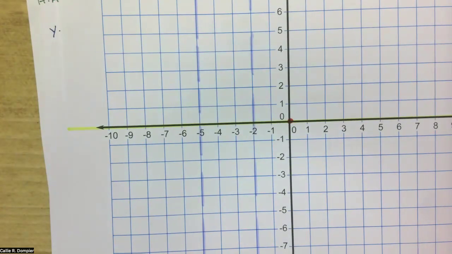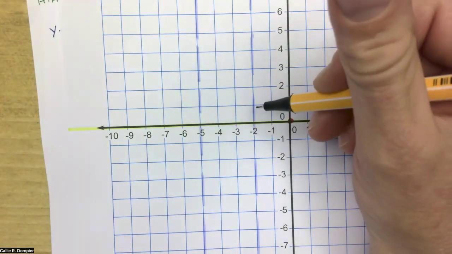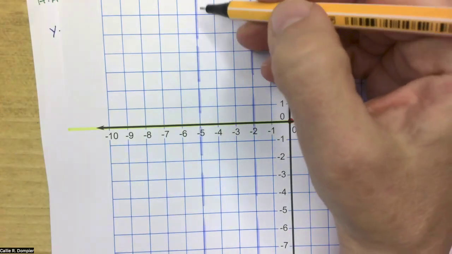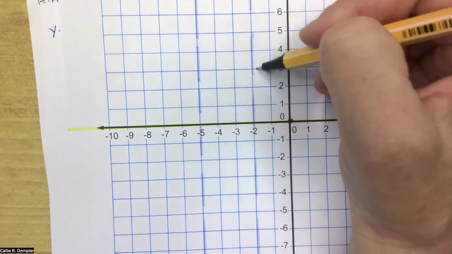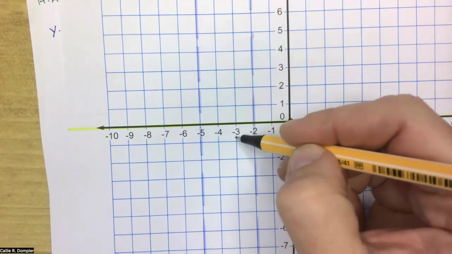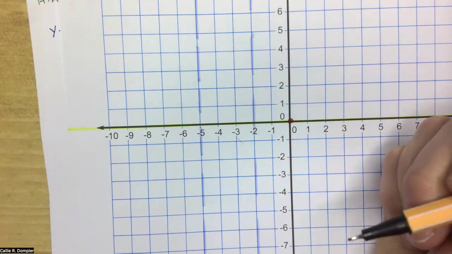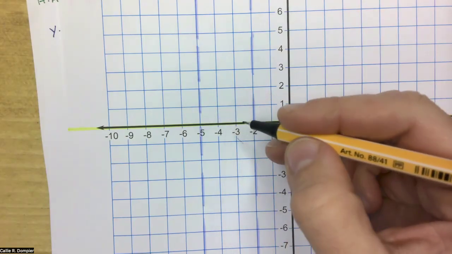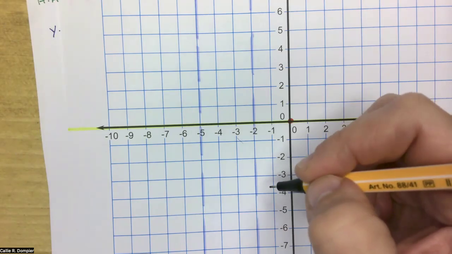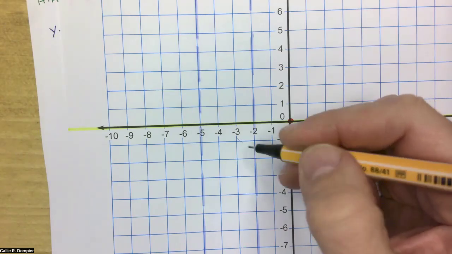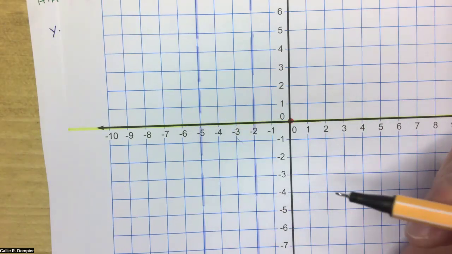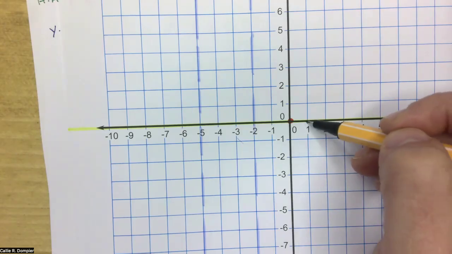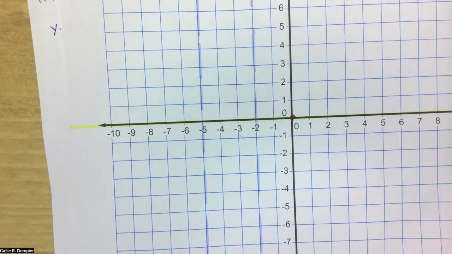Now, you want to know whether this is opening up or opening down, right? So take x equals -4 and figure out what your y is. Figure out what your y is when x is -7. Figure out what your y is when x is 1. Okay?